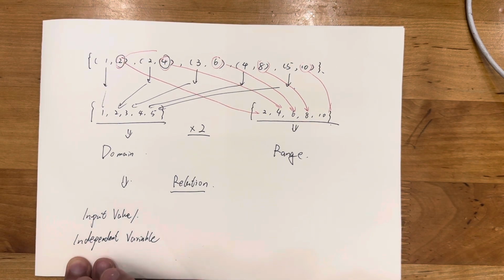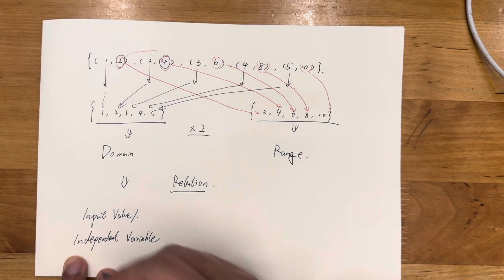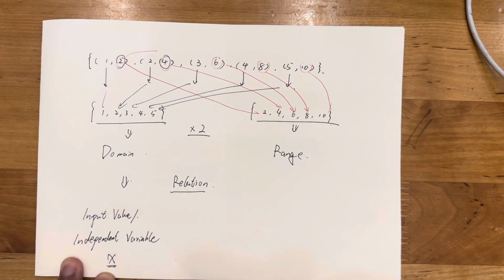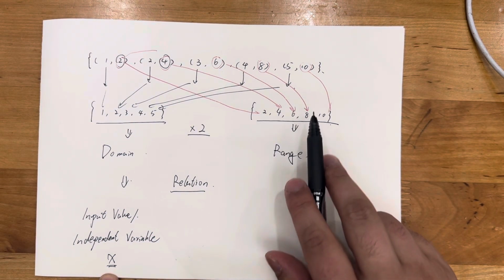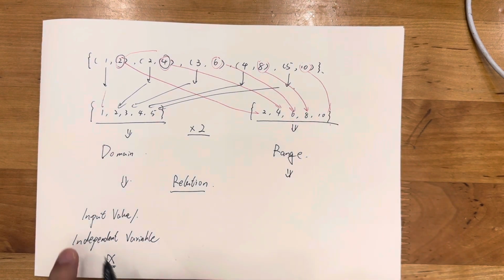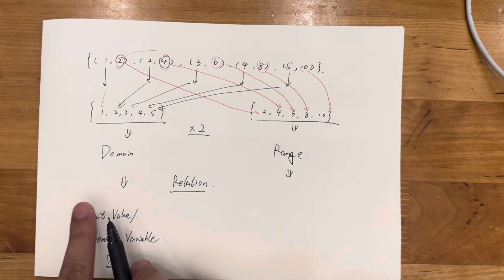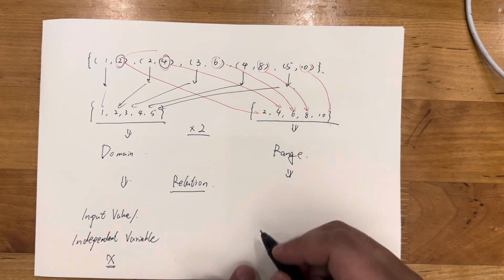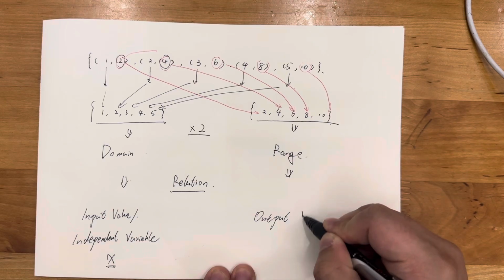So it's not dependent on another variable. We often label that using a lowercase x. And then each value in the range is the output. We input something, it goes through a certain relation, and we get the output. So this will be the output value.